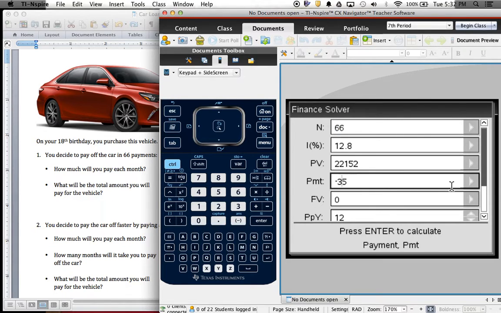Let's say $350. Let's say we looked at our budget, and we knew we could only afford to pay $350 a month. Okay, so you go up to your number of payments, and you just push enter, and it will tell you that it'll take us 105, almost 106 payments to pay this loan amount. Now notice I have a partial payment here.